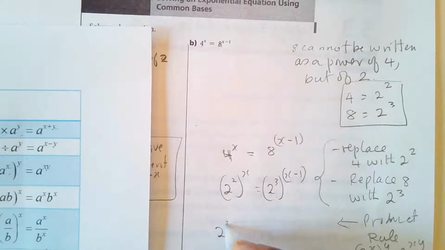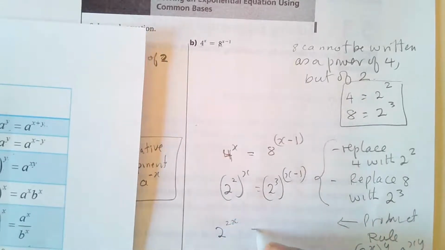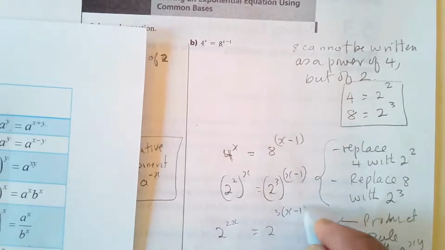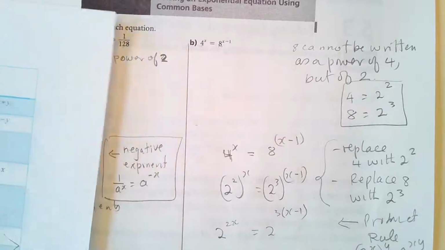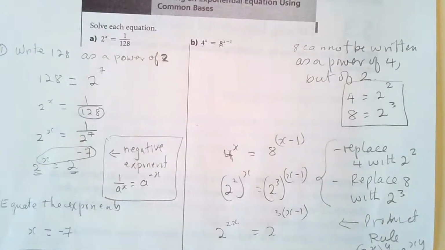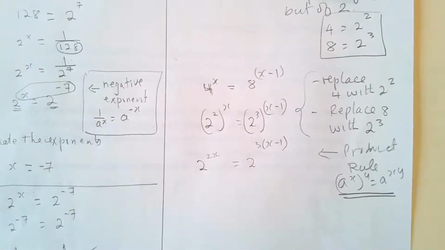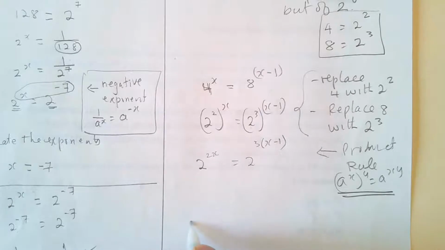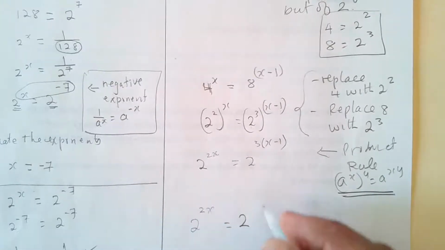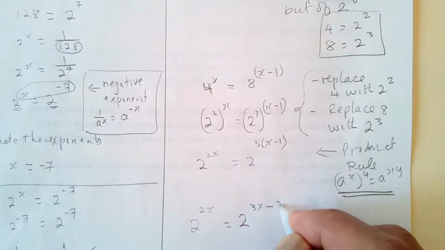So this becomes 2 to the 2x. Now this becomes 2 to the 3x minus 3.